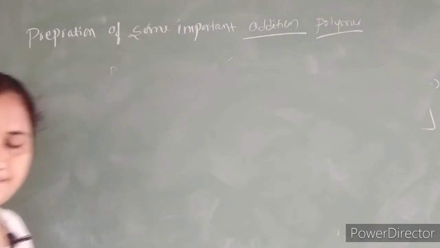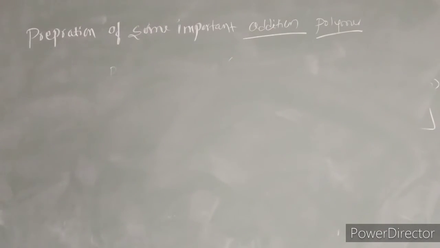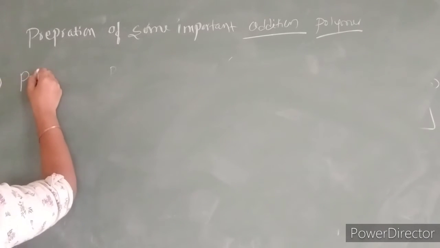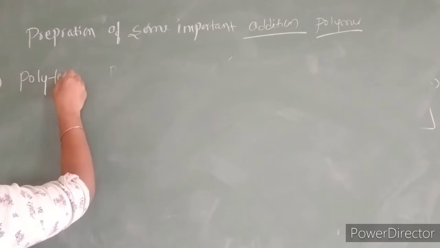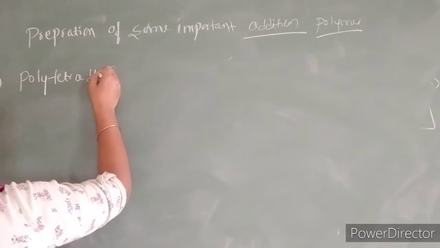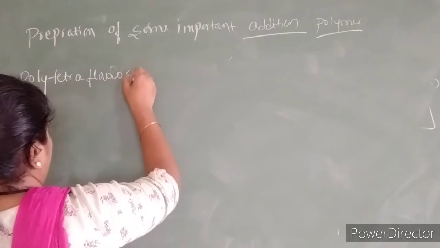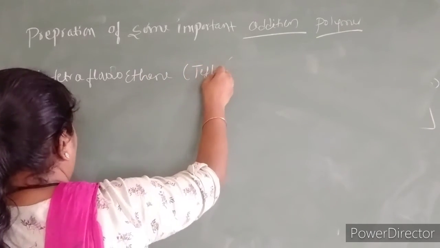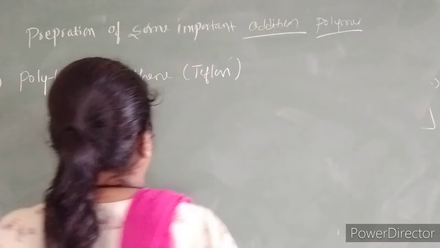Second one is Teflon material. It is called polytetrafluoroethene, simply commonly called Teflon.